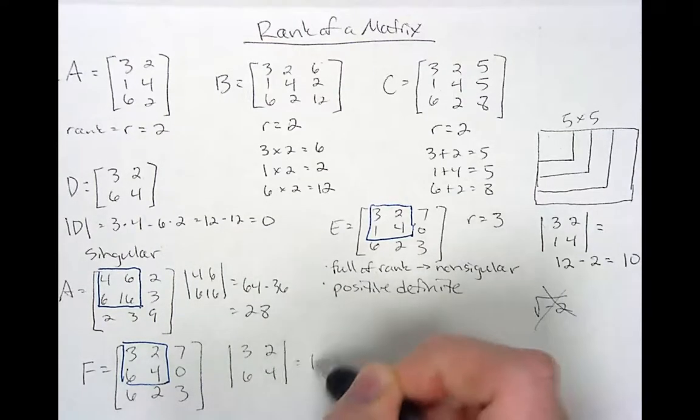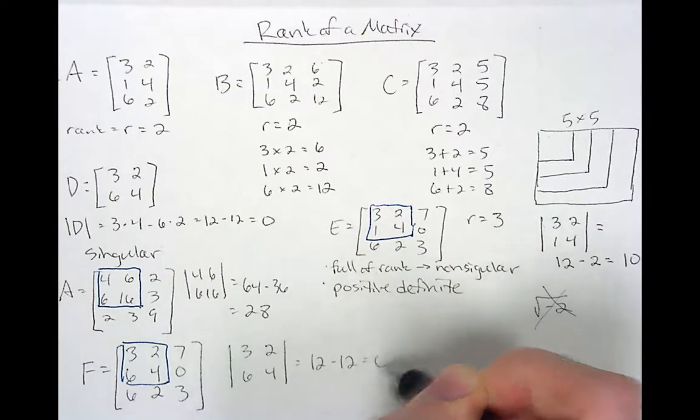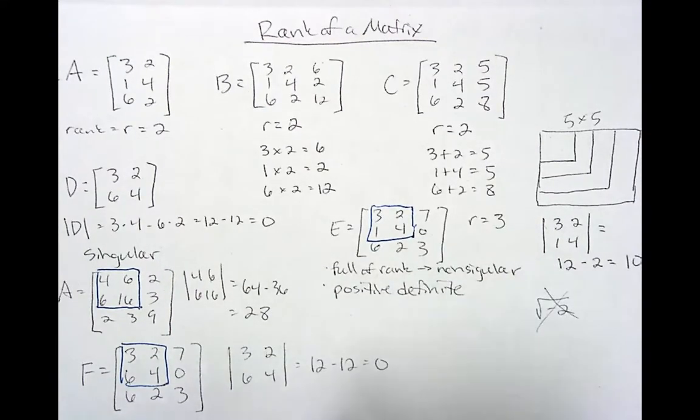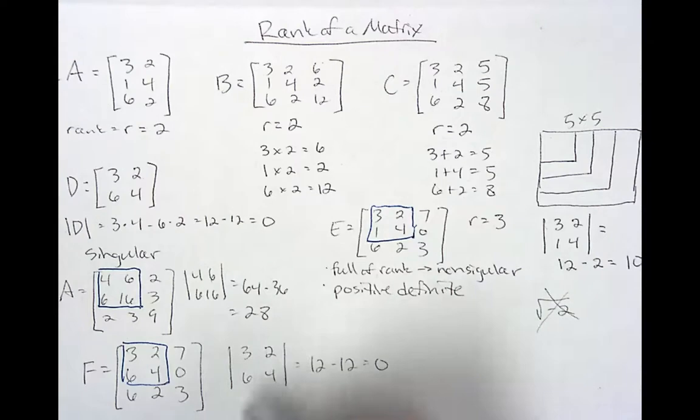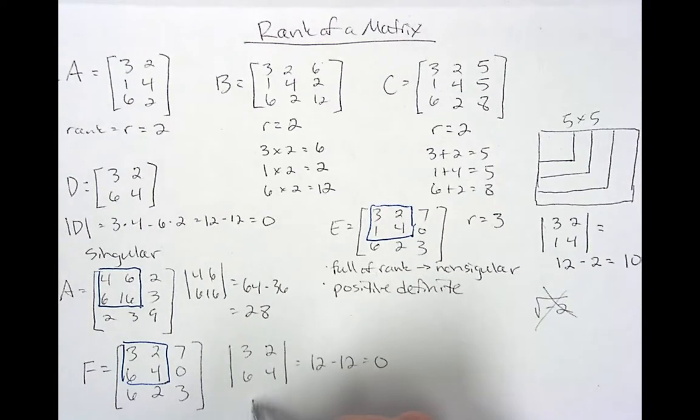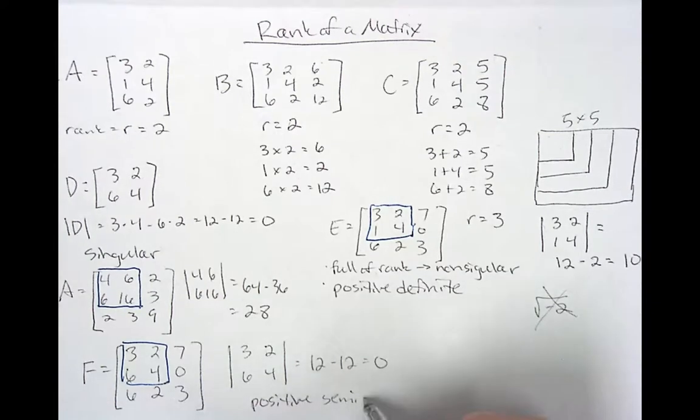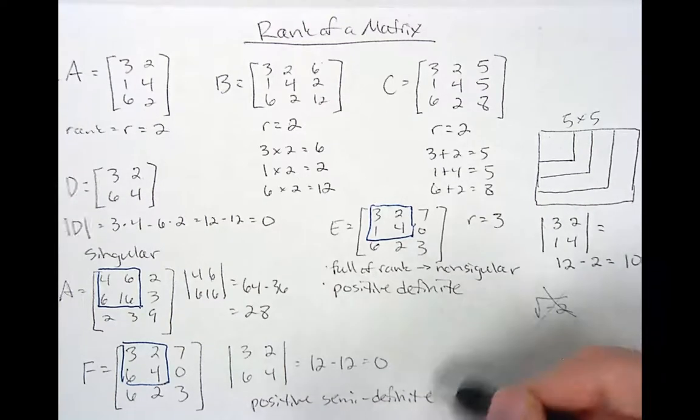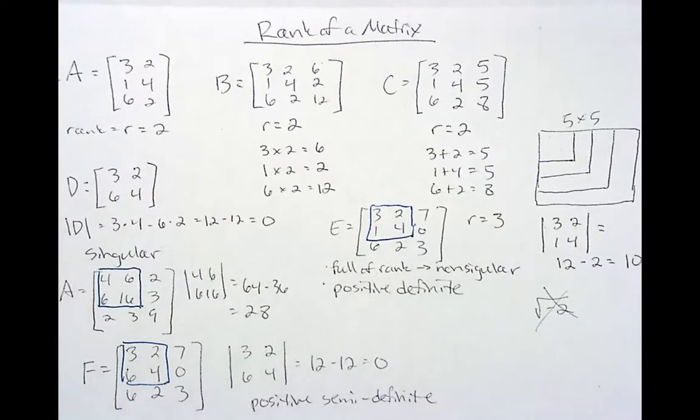So it's going to be 12 minus 12, which equals 0. So because this is non-negative, we can say that this is positive semi-definite. Same thing goes for E and D and A as well.